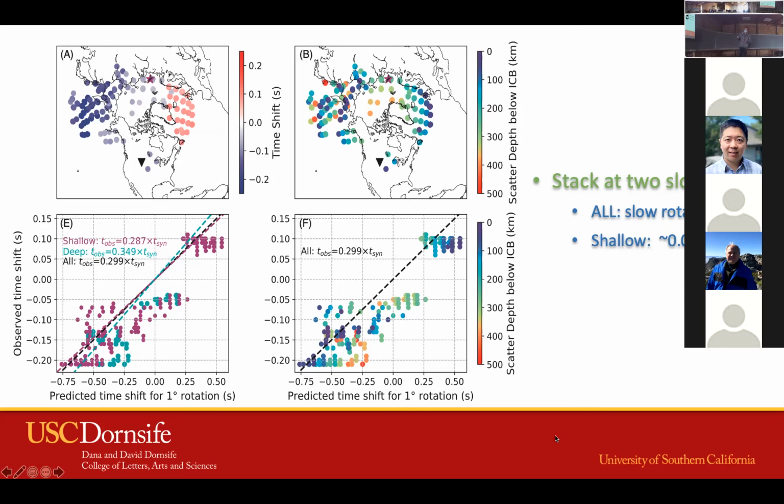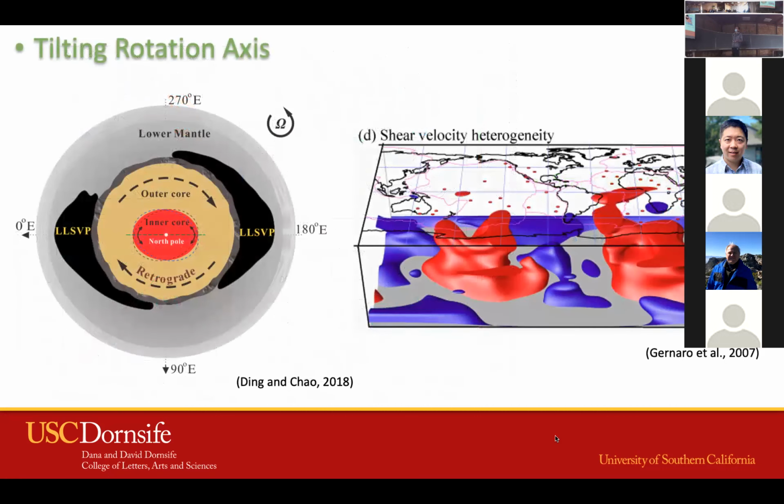But when we look at this one, an interesting part is that the red dots, which are the deep scatterers, are systematically smaller than the prediction. What does this come from? I will talk about it later.